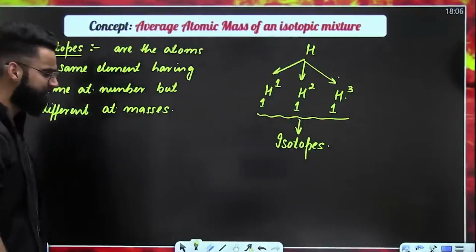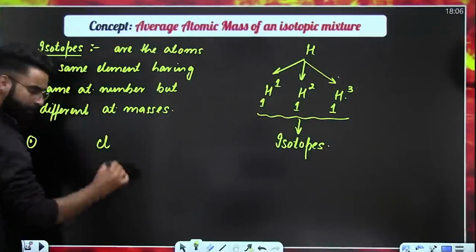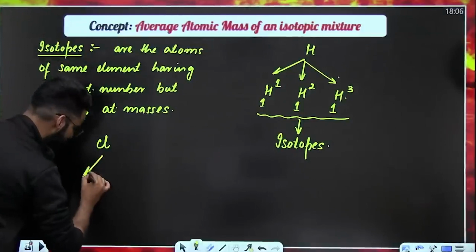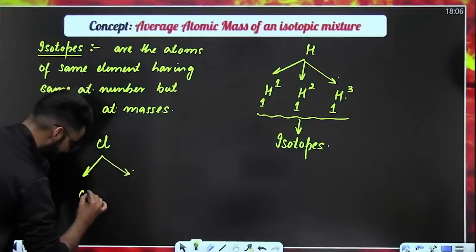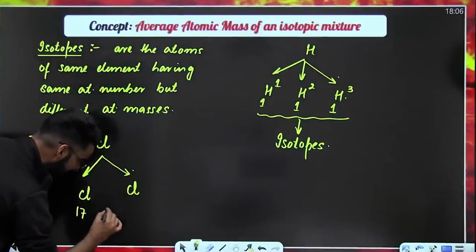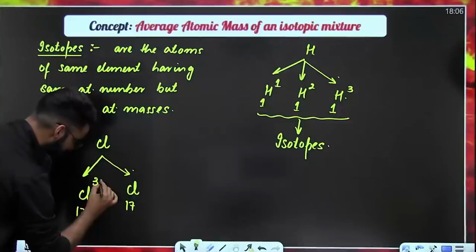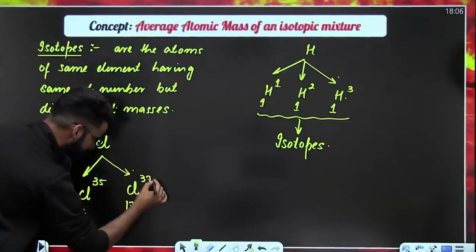Similarly, dear students, if you talk about, for example, chlorine, chlorine has got 2 atoms which have got the same atomic number but their atomic mass is different. This is 35, this is 37.